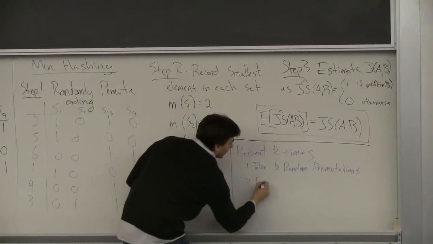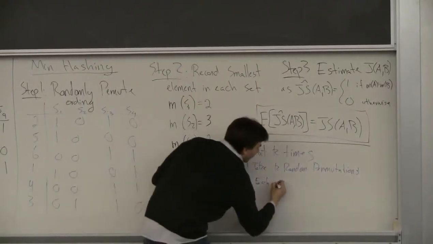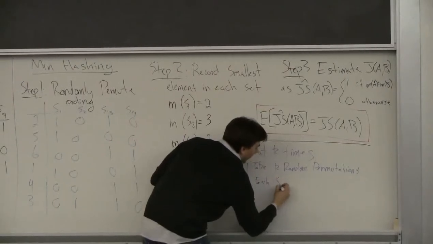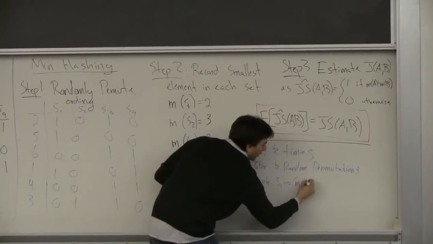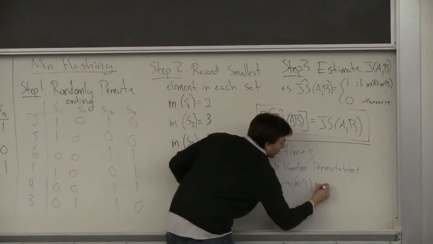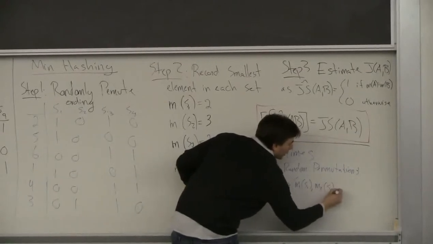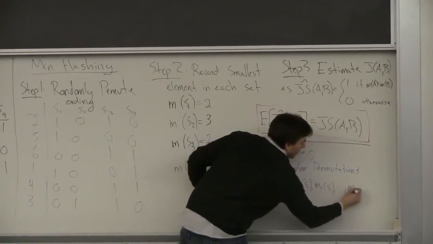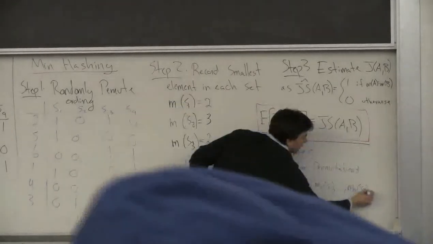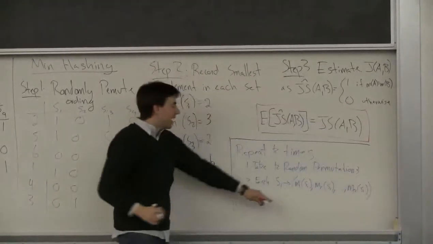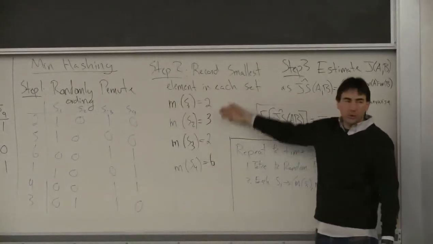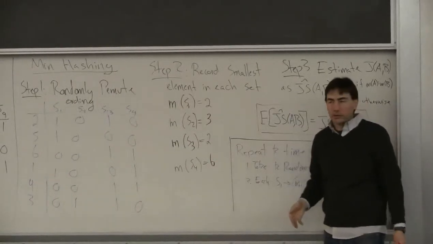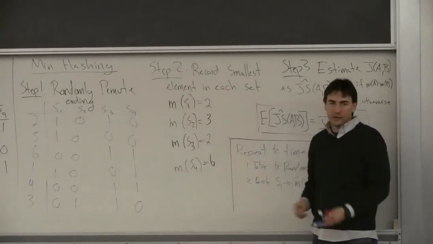So each maps from a set, say S1, to a vector now of M1 of S1, M2 of S1, to Mk of S1. Right, so each of these values, M1 to Mk, are going to be like these values here. They're going to point to one of the elements in the set. So I'm going to store one of these elements in the set.